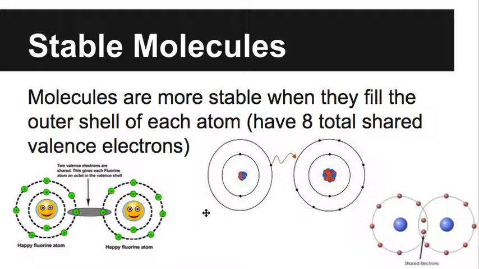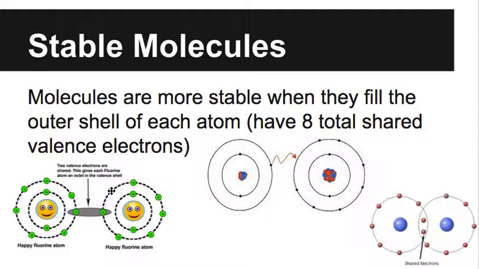All right, so to make a stable molecule, you need to have a full valence shell of electrons. What that means for most atoms is that they would like to have 8 electrons in their outside shell. 8 electrons is a happy atom. So you can see here these 2 fluorine atoms coming together. They both had 7, but when they come together, they get to share their electrons, and then they add up to 8.